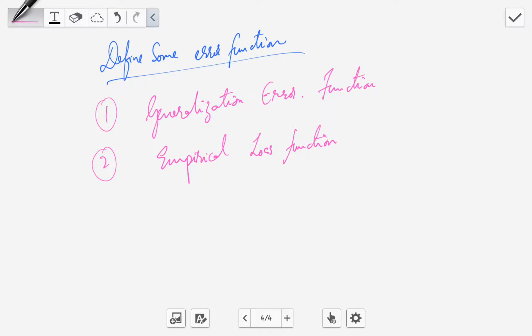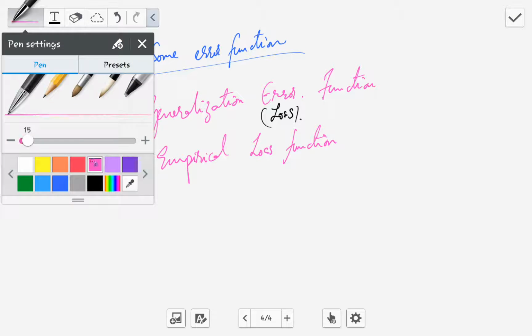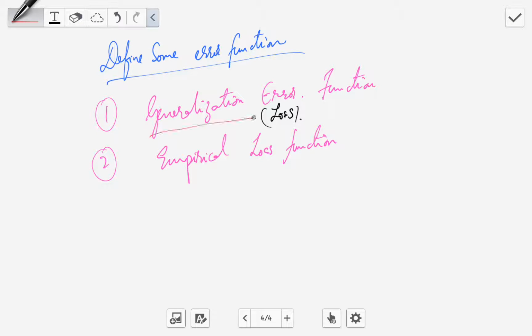This might also be called the generalization loss function. Now let us see the difference between these two. Generalization loss I will not discuss now; I will discuss it in a later video when it is required. I will discuss the empirical loss function.